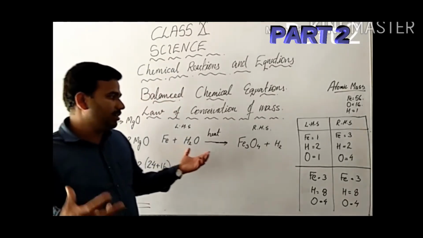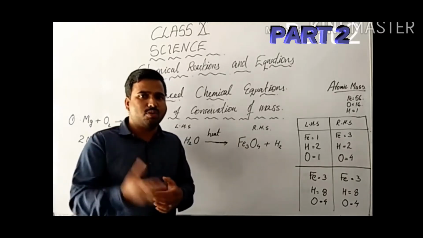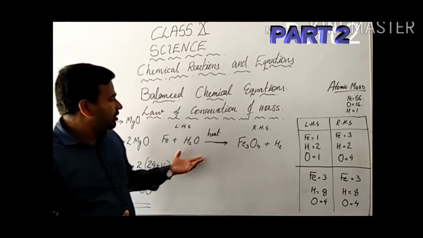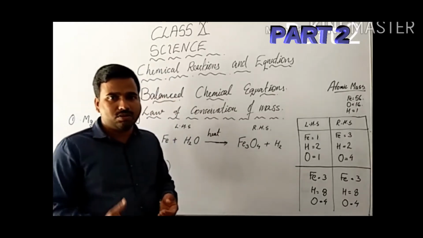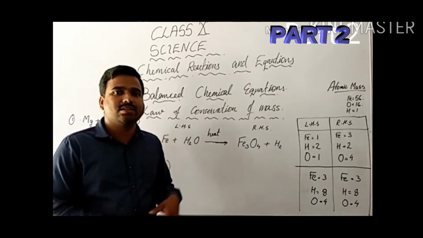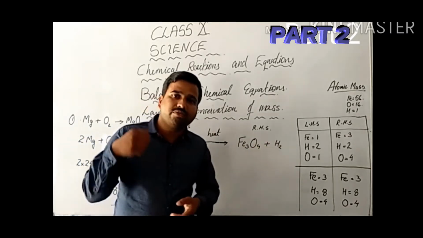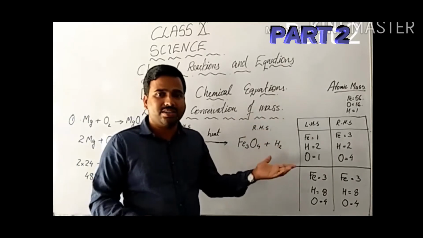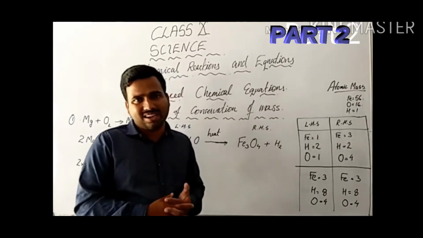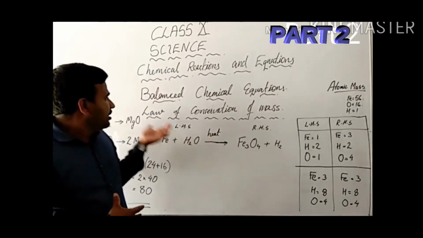When we write equations in the form of a word equation, we require only the names of the elements or compounds that are taking part in the chemical reaction, or the products that are formed as a result of the chemical reaction. In such a case, in the word equation we only need to balance the equation.